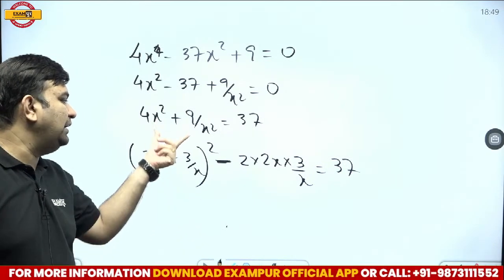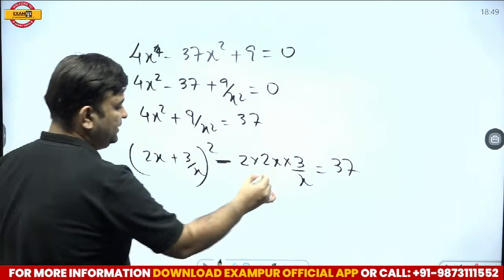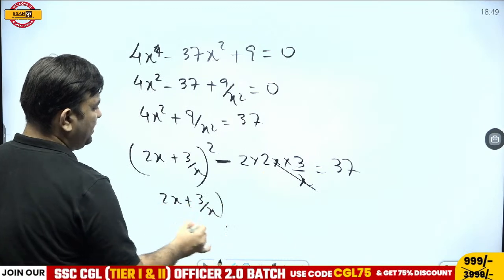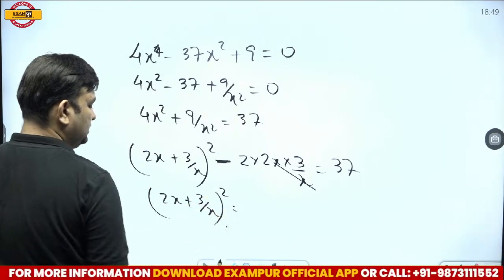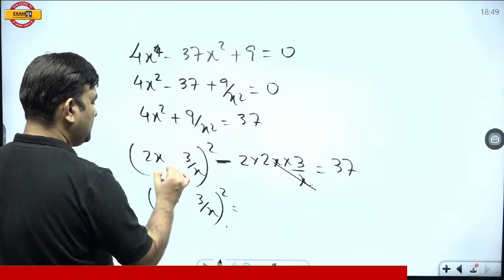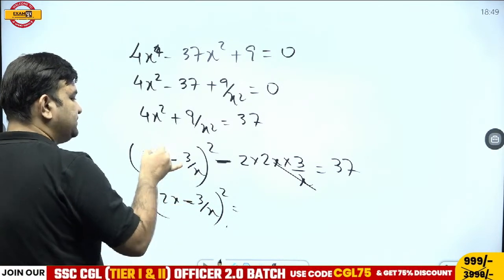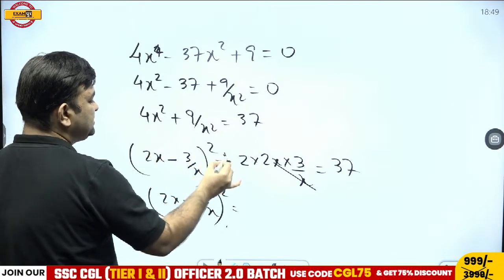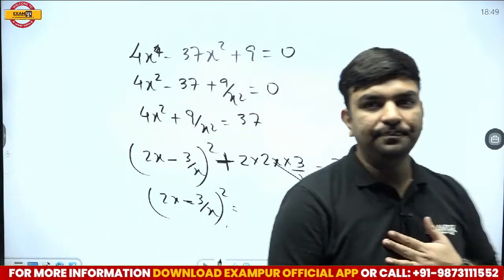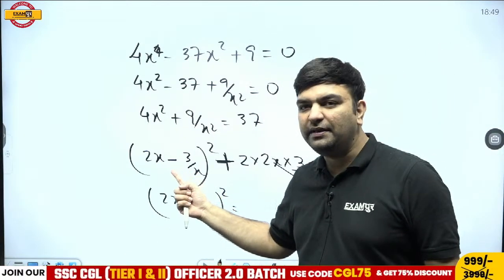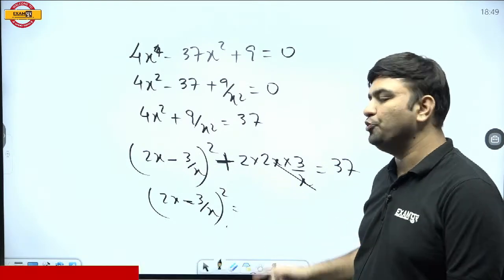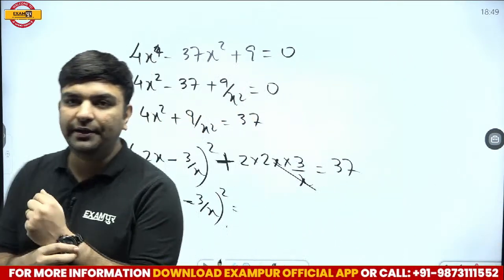So to make it only this, I need to subtract 2ab. Acha, I will make it 2x minus 3 by x. Here in the formula it is minus 2ab. To compensate for it, I will add plus 2ab.